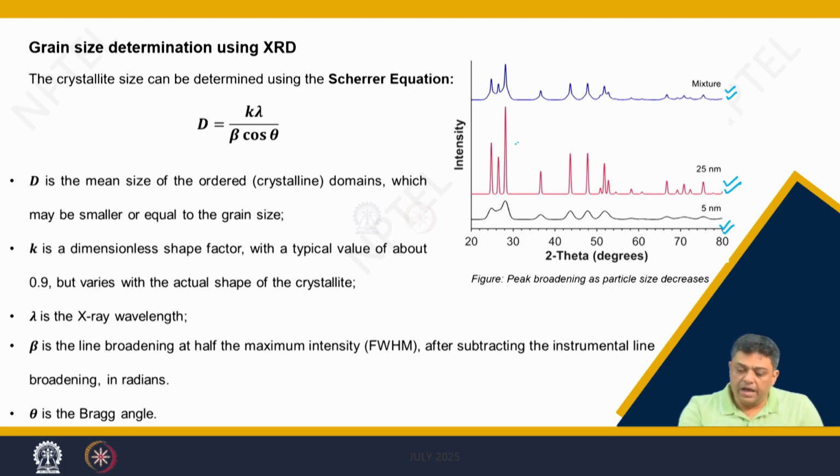You can get highly crystalline peaks which are much sharper, and when you go to small sizes, there is the broadening of the peaks which are observed.